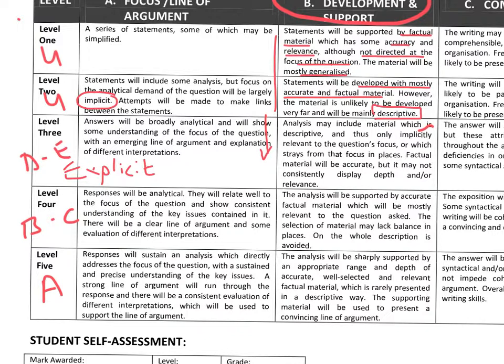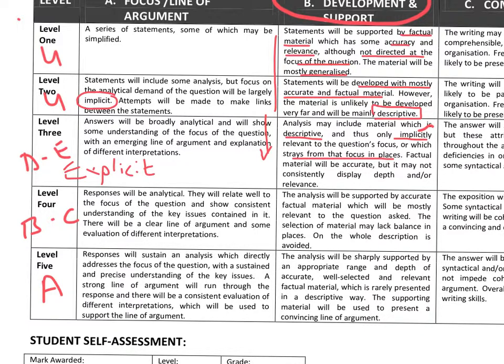Okay, so looking at level 3, analysis may include material which is descriptive. So grades D to E, you may lapse into description. There may still be parts of your answer which only implicitly relate, or which lack focus. But at this level, there will be some relevance.